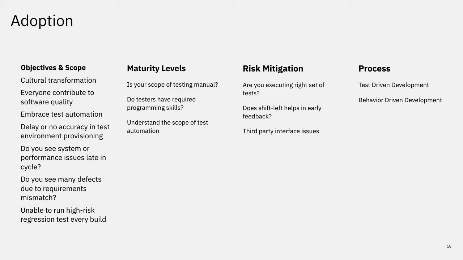Now, let's look at the other questions, right? On the maturity levels, is your scope of testing manual or is it possible to automate it? Do your testers have enough skills to participate in the automation? Can they write automation scripts? Do they understand the scope of automation and to what extent they can automate?